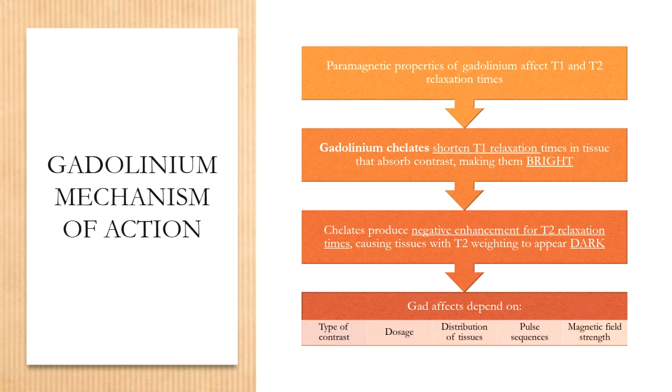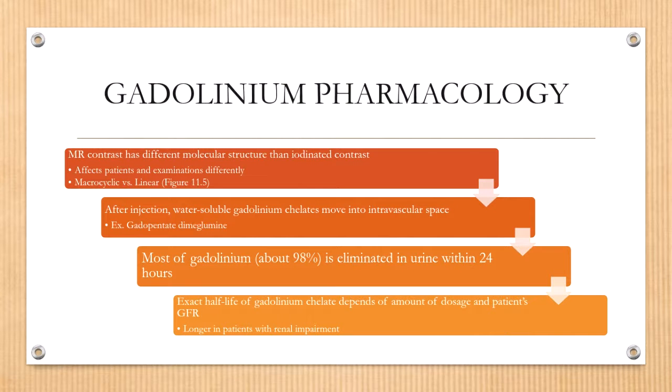If we're using T1 pulse sequences, our contrast is going to make pathology appear brighter. If we're using T2 sequences, then we're most likely going to have a darkening of the lesions. And then also the magnetic field strength. If the field is 3 Tesla, gadolinium is going to influence it differently than if it were 1.5. Those are all the different things that can affect how gadolinium influences our images and our contrast.